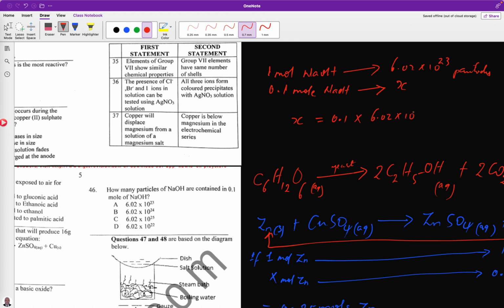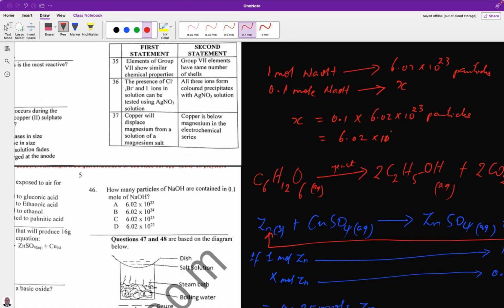If we multiply this, it is 1 decimal place, so we move 1 decimal place to the other side, and it reduces to 6.02 times 10 to the 22nd particles.